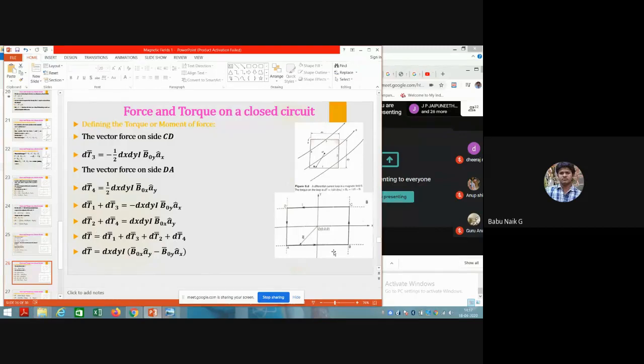Now the total torque is due to this circular loop carrying current and producing a magnetic field. Considering this direction, the total torque on this loop dx dy, with current flowing in the loop, involves the magnetic field x component in the y direction and the magnetic field y component in the x direction. So this is the complete torque for this rectangular loop.